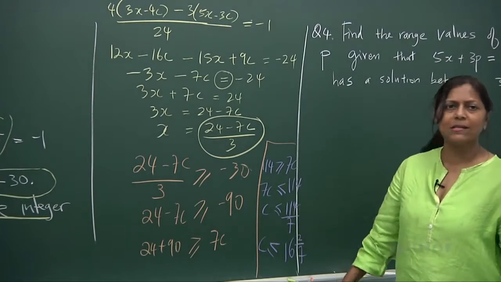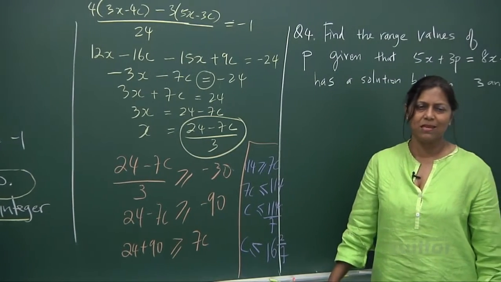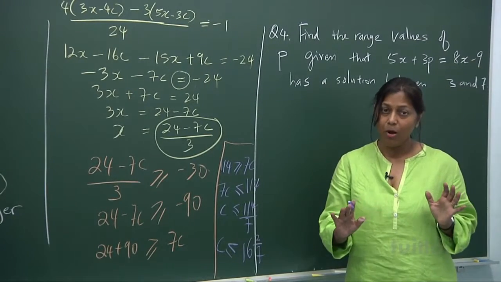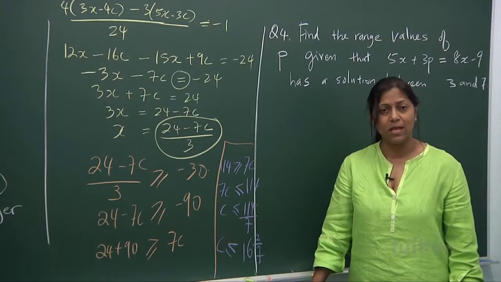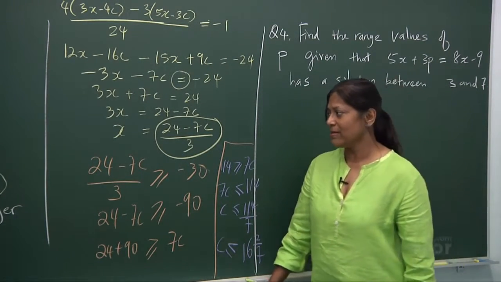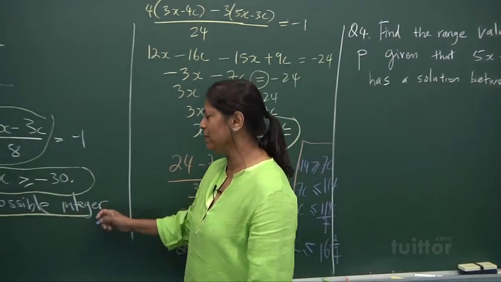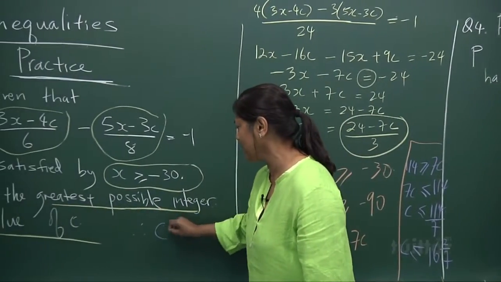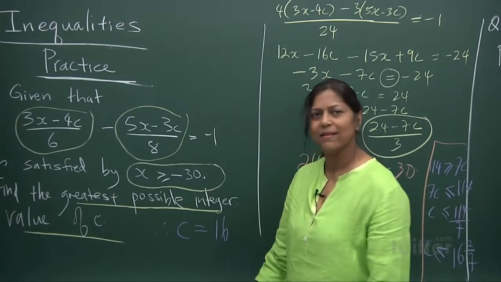So c is smaller or equal to 16 and 2/7. So the greatest possible integer value of c is 16, the biggest.